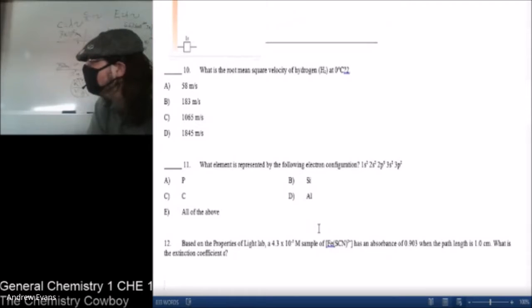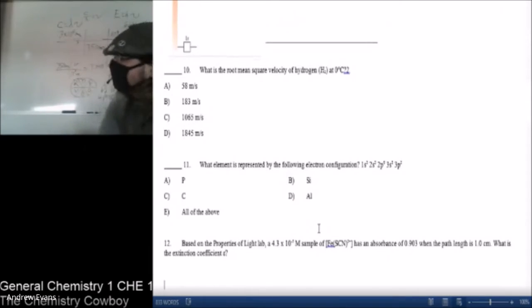Just silicon. Aluminum is 3p1. Phosphorus is 3p3. Carbon is 2p2. I put all of the above there in case people get all of the above happy. No, there's only one answer here. So it's B, silicon.